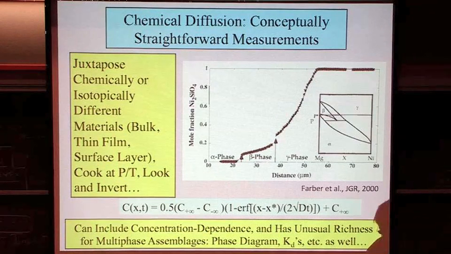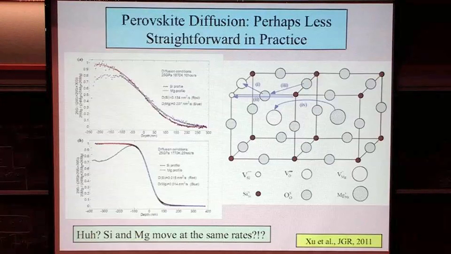And there's been a large amount of work on characterizing chemical diffusion at high pressures and temperatures within the mineral physics community over the last 15 years or so. And the one thing that is sort of the truism about chemical diffusion is you can imagine that if you have a chemical compound, let's take MgSiO3.